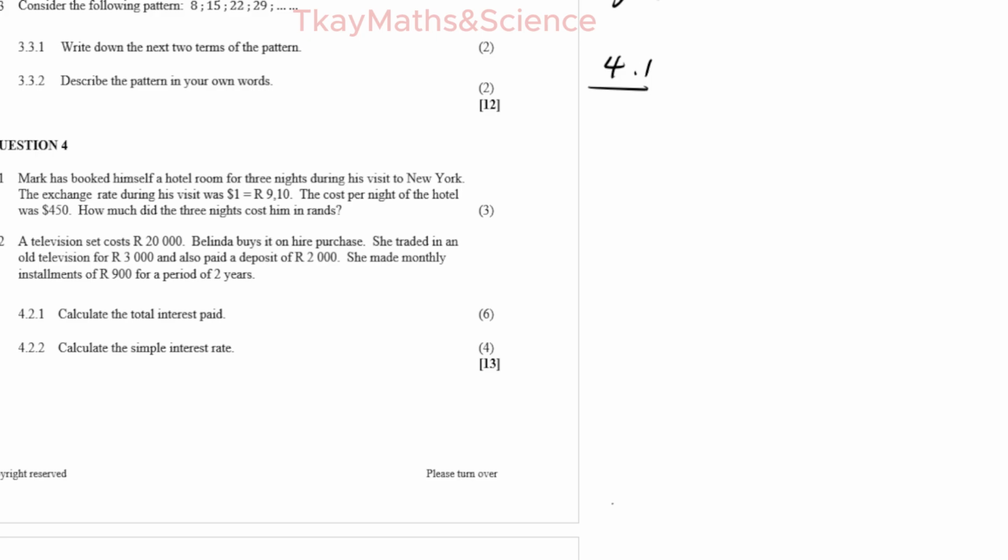Okay, so the cost per night is what? It's $450 per night, right? But now it spans how many nights? 3 nights. So in 3 nights, we're gonna multiply this one by 3.